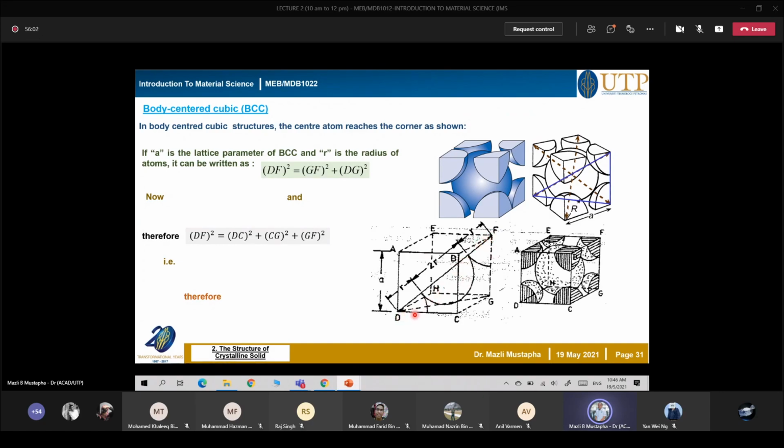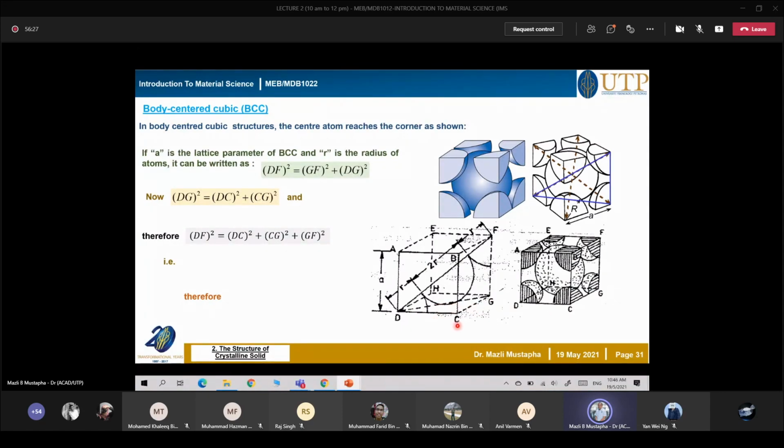We know from what we learned before in simple mathematics, DF squared is equal to GF squared plus DG squared. This is simple. DG squared is just DC squared plus CG squared. I think it's quite straightforward.